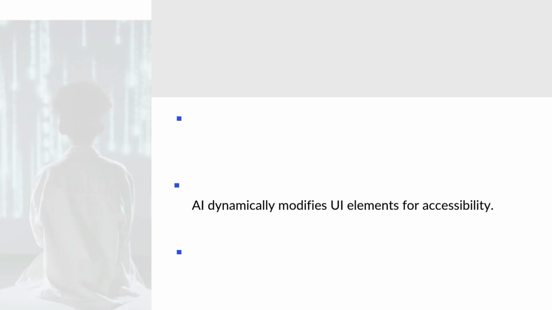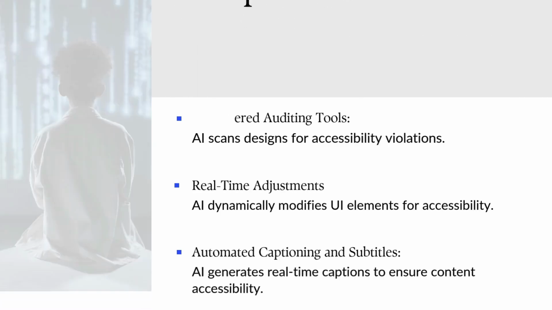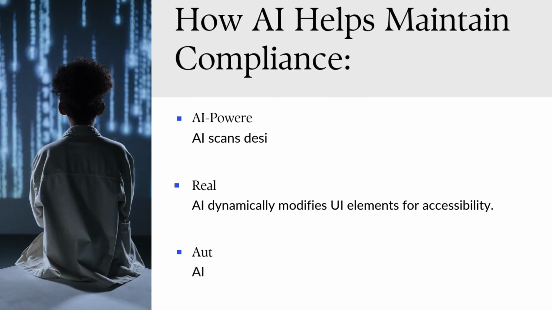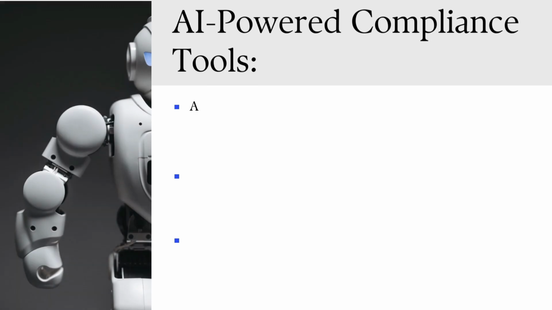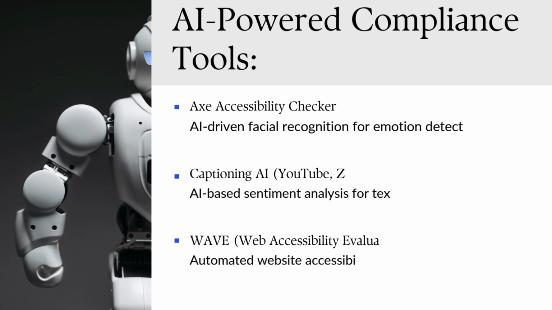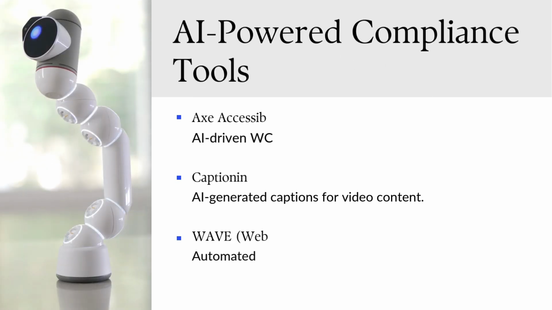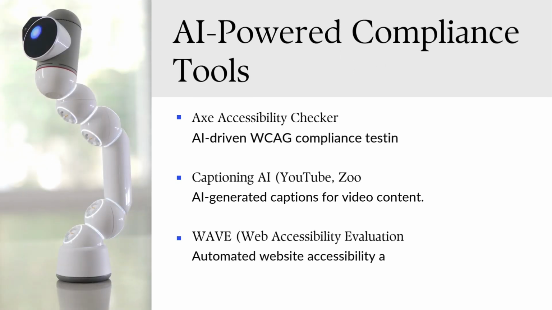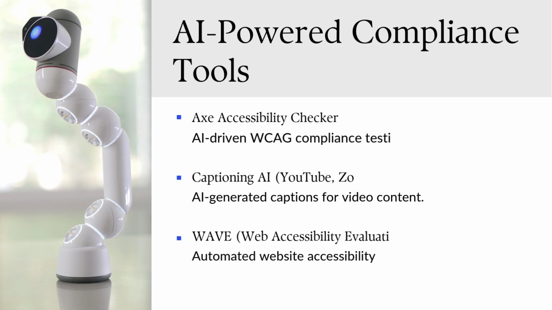So guys, let's move ahead to talk about some of the AI powered compliance tools. First things first, we have what we call the Axe Accessibility Checker, which is an AI driven tool for web content accessibility guideline compliance testing.